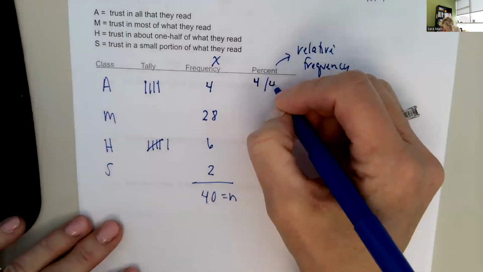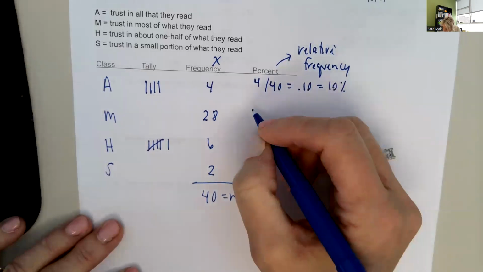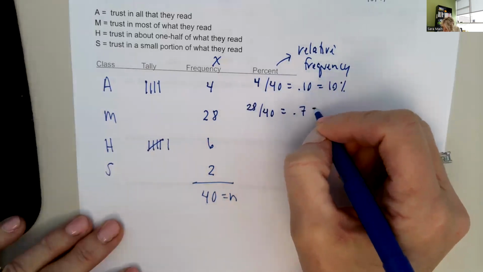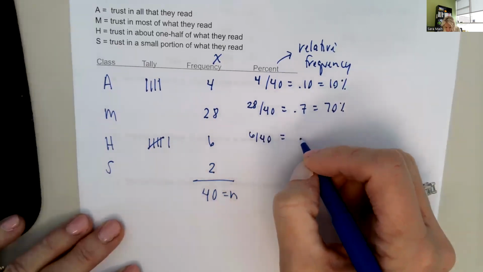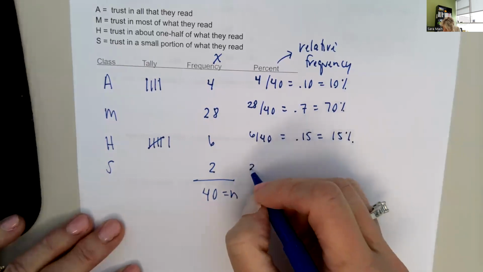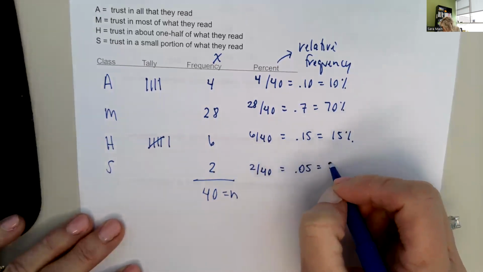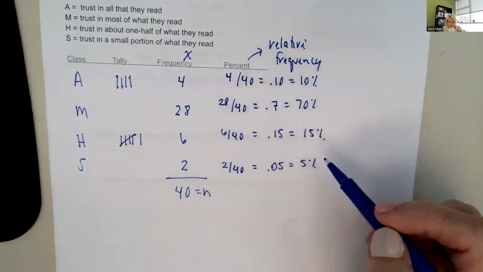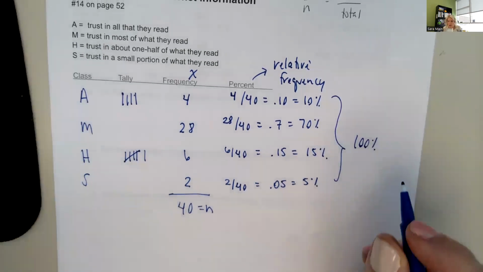So 4 out of the 40 would be 0.10 or 10%. 28 out of the 40 would be 0.7 or 70%. 6 out of the 40 would be 0.15 or 15%. And 2 out of the 40 would be 0.05 or 5%. And then you always want to add your percentages to make sure that they add to 100%. Otherwise, you don't have all your data included.